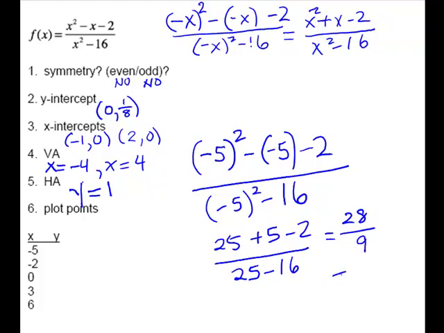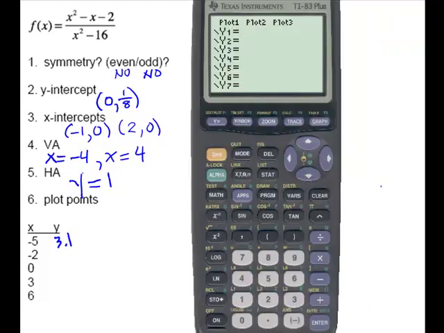And let's divide that out. We get like 3.111. So I'll just cut it off there. And now I'll pull up the calculator. So remember to enter your numerator and denominator with parentheses.